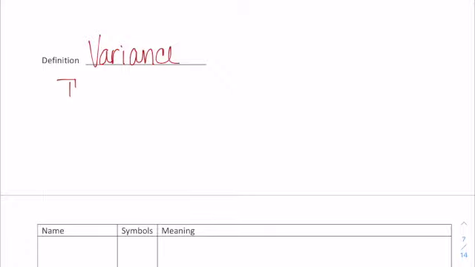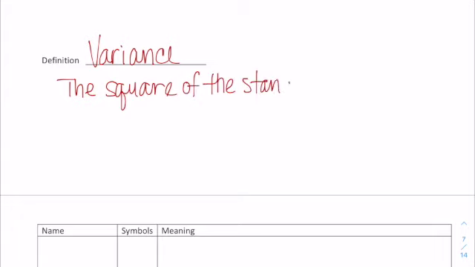Variance is just the square of the standard deviation.